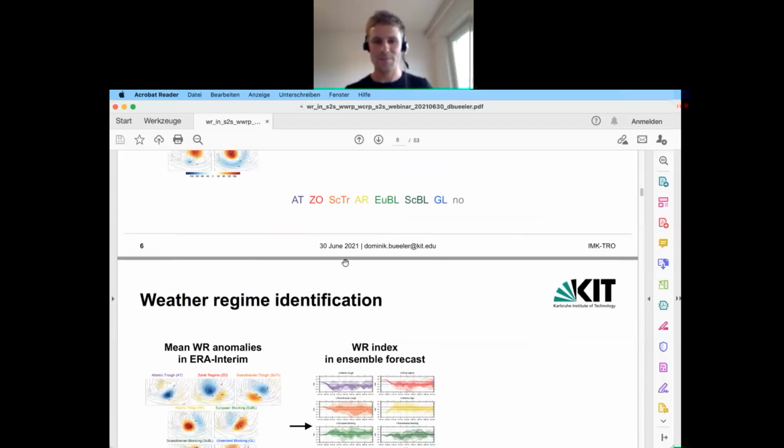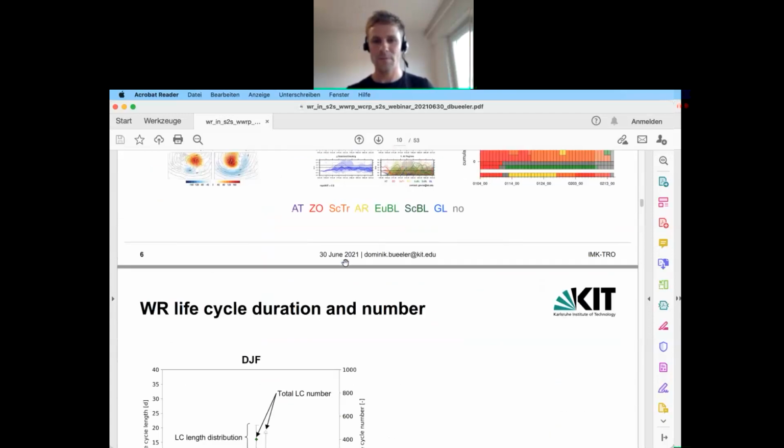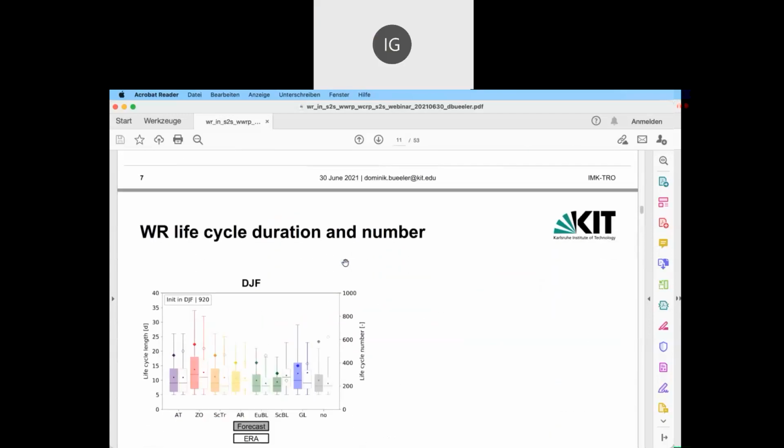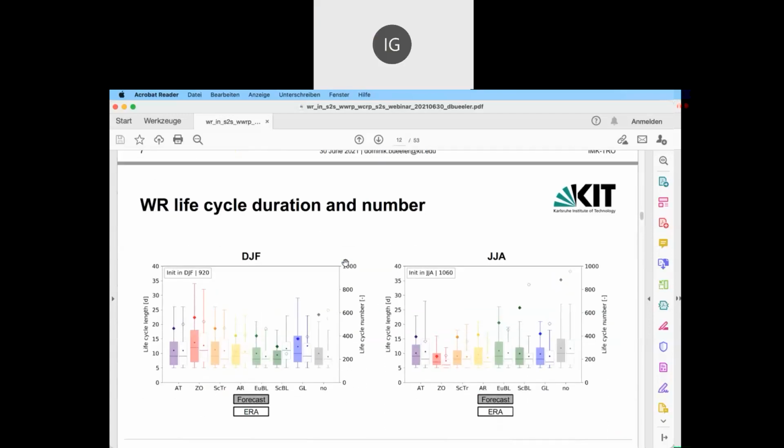Yes, I understand that there is persistence in how many days the regime stays, but the life cycle number, I don't think I got it. The diamonds, I think, are right. Yeah, in this plot, for instance, exactly the diamonds.